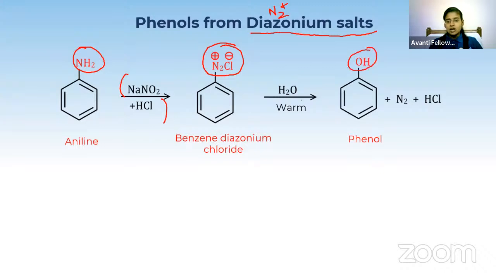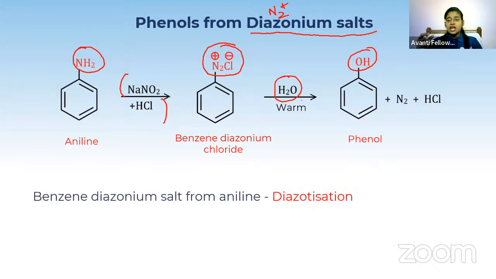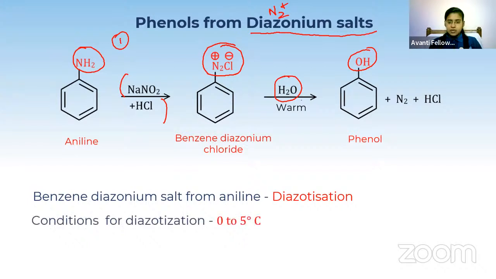Nitrogen N2 will come out and HCl will come out, and the remaining OH from water will go and get attached to the ring to give the phenol. So we are getting benzene diazonium chloride from aniline, right? The first step of the reaction is called diazotization. And we have to do this first step at very low temperature, between 0 to 5 degrees Celsius.